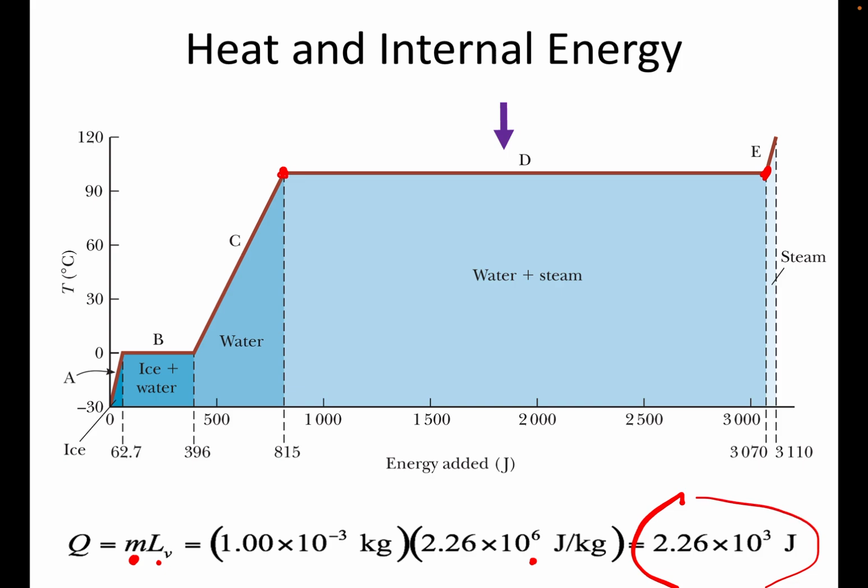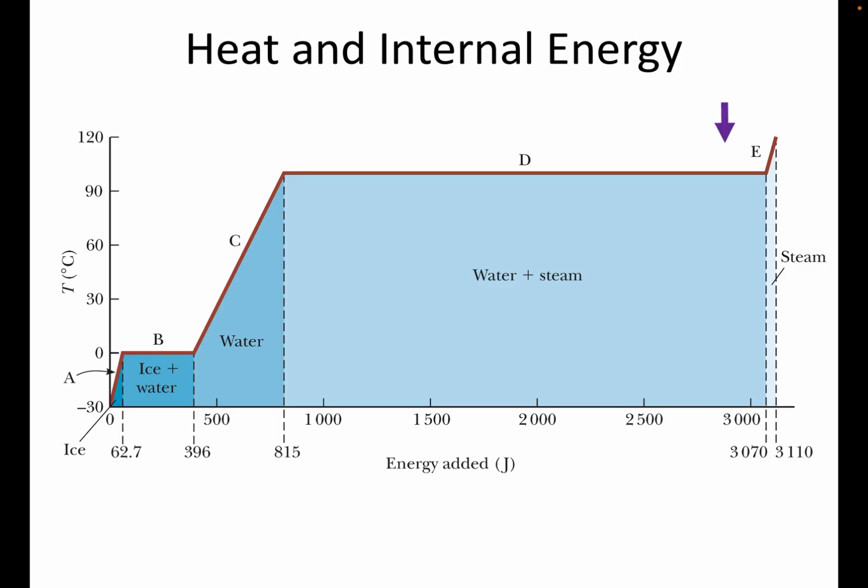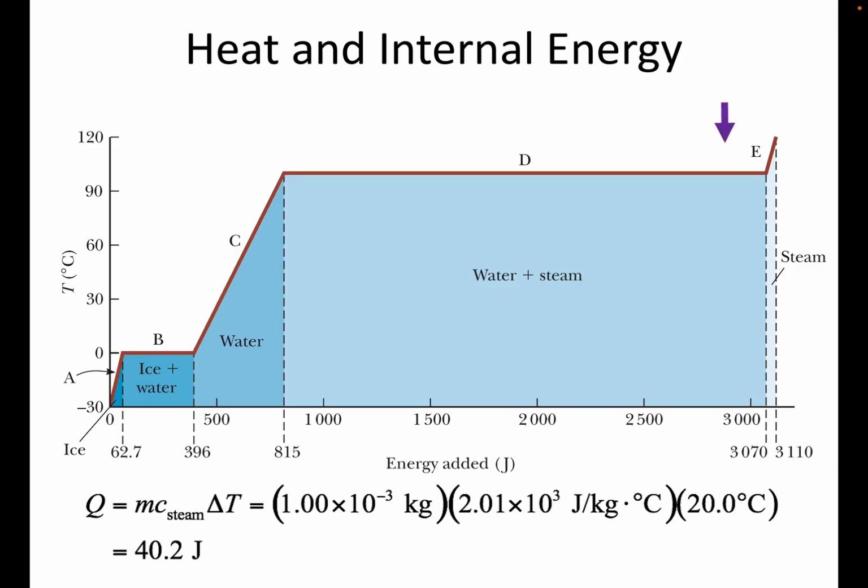This is the energy required to change all 1 gram of water from the liquid phase to the steam phase, and then we can increase the temperature of the steam. 1 gram of steam, specific heat of steam, increase the steam by 20 degrees, 40.2.